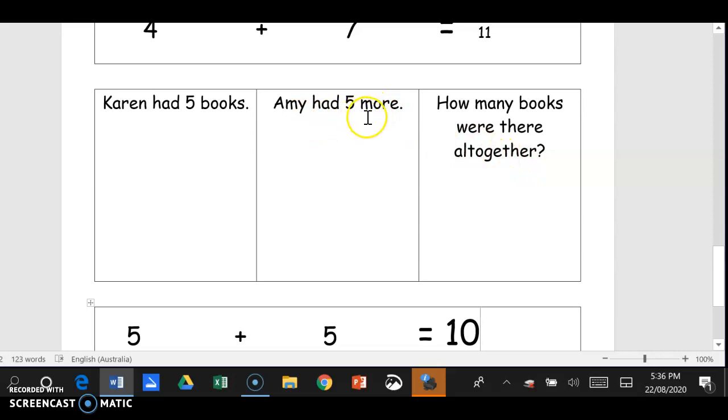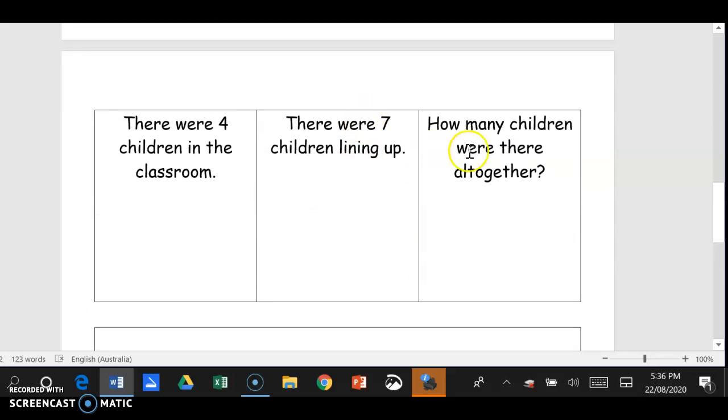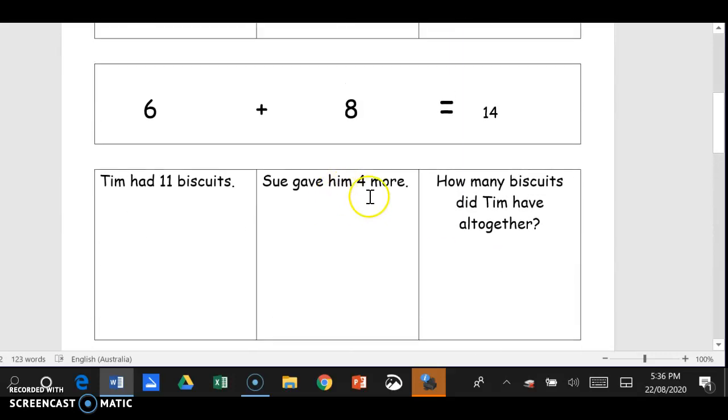Amy had 5 more books. So this one didn't lend itself to saying there were 7 children. There were 7 more children lining up, I guess you could have said. So it doesn't always have to have the word more, but it always has to have the words all together. There's more all together.